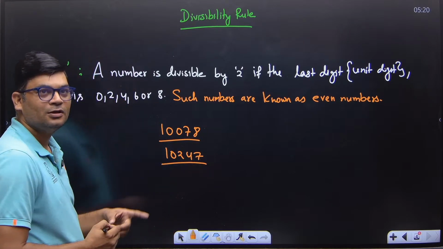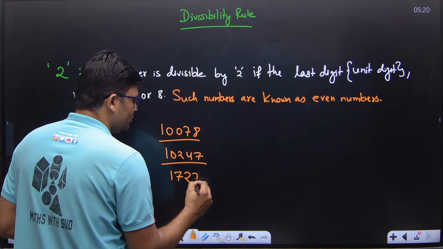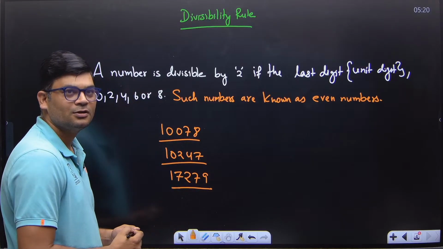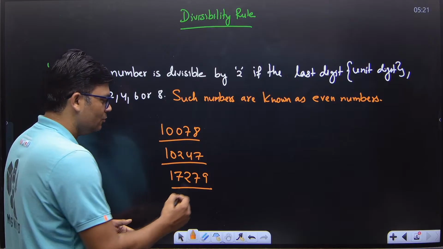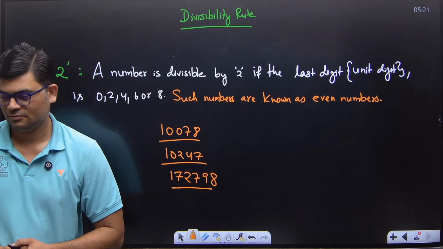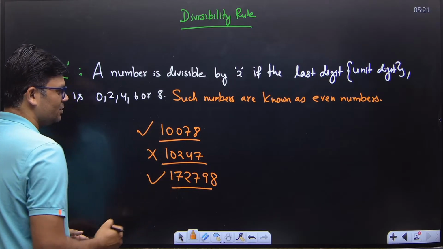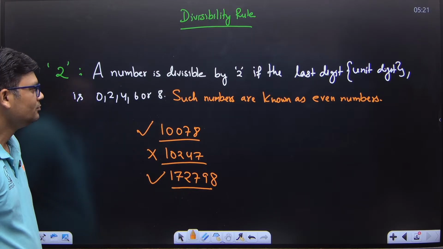So this is not divisible, this is divisible, this is divisible.